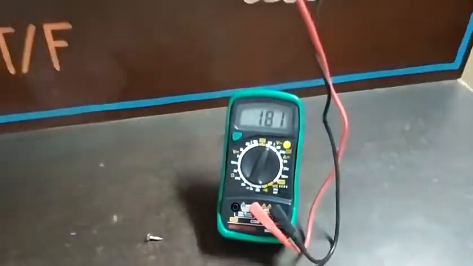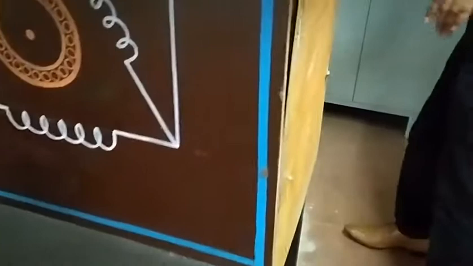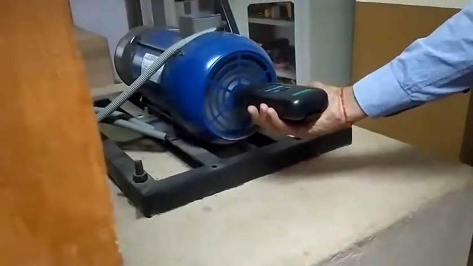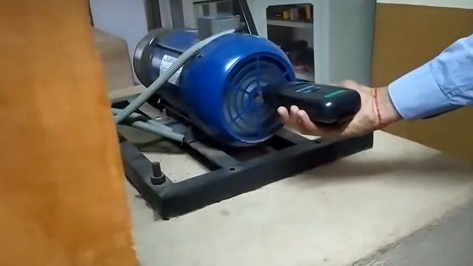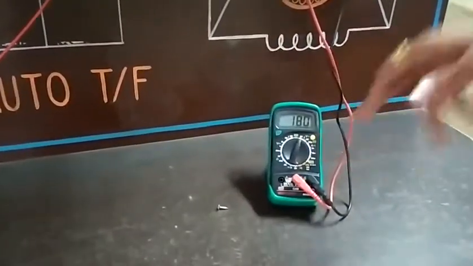Okay, so here now I will measure the speed by using the tachometer. So I have got about 1200 RPM. Okay. So near about I will get 1200 RPM speed when it is 180 volt. Okay, so I gave 180 volt here, and I measured the speed.